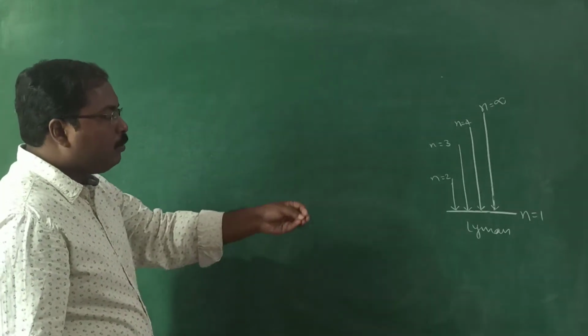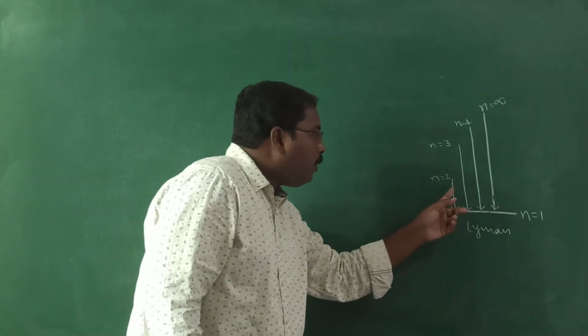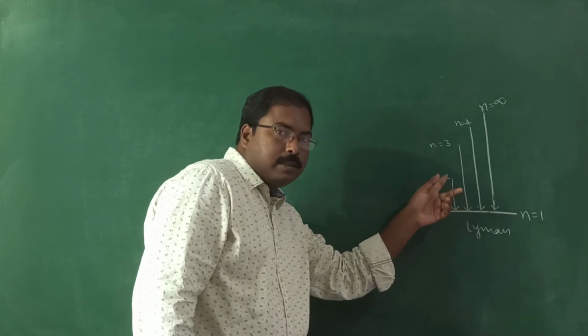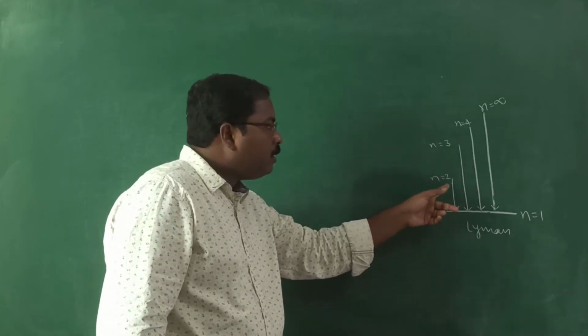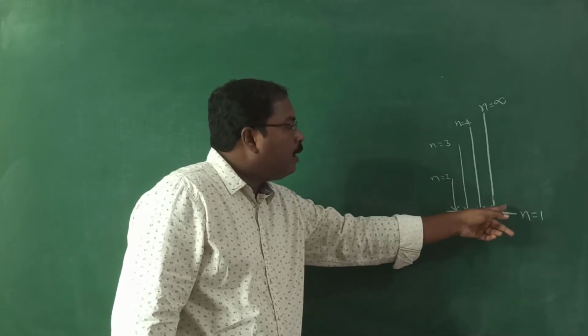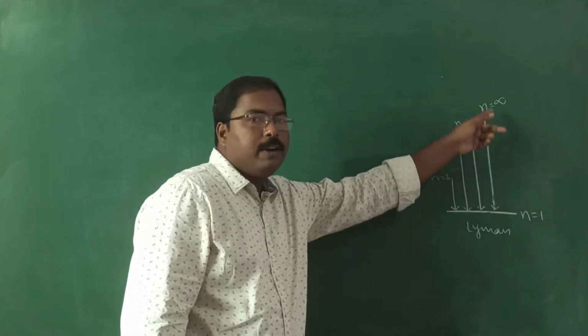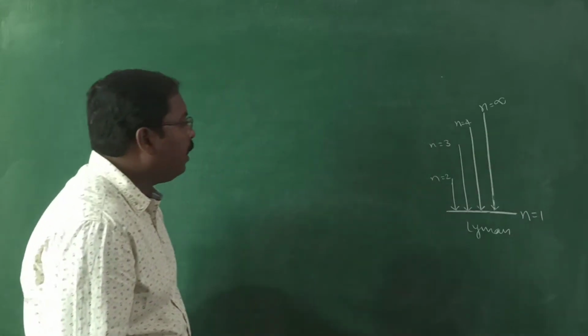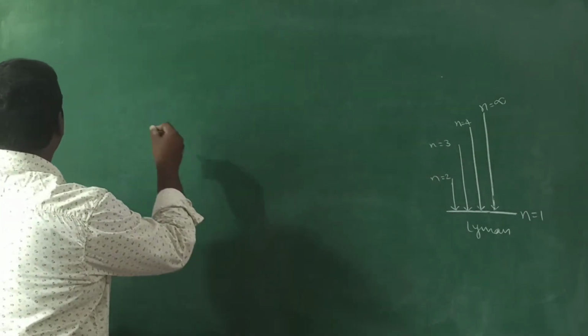So before that, we should know what we call these lines in other ways. Okay? Coming to this, we know in Lyman series, this is the first line. In any series, infinity will be the last line. Let us see how they are given.